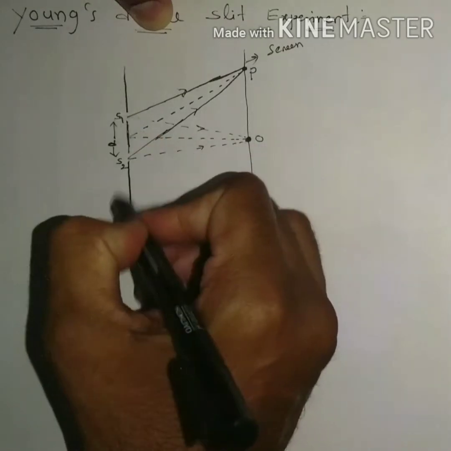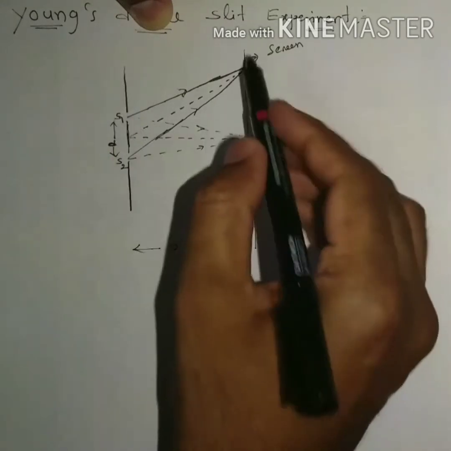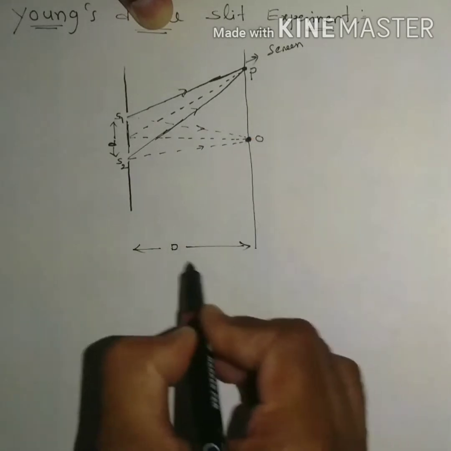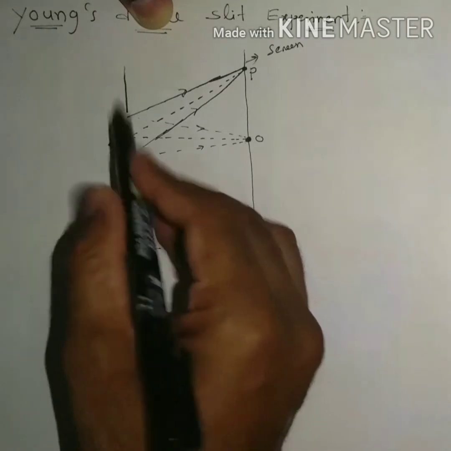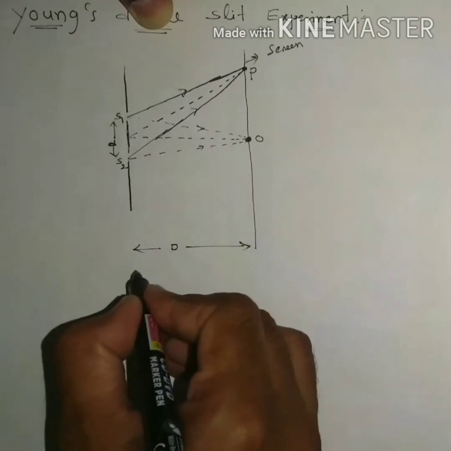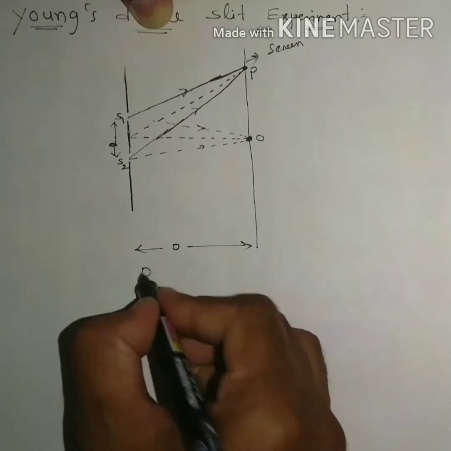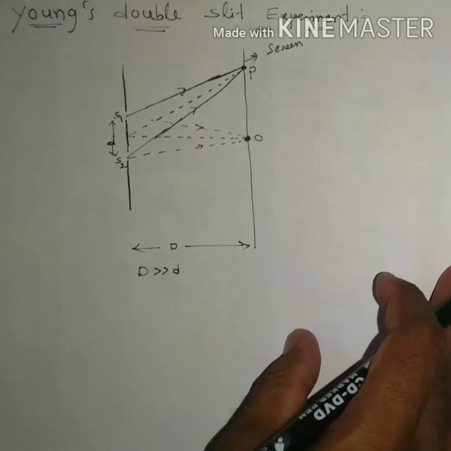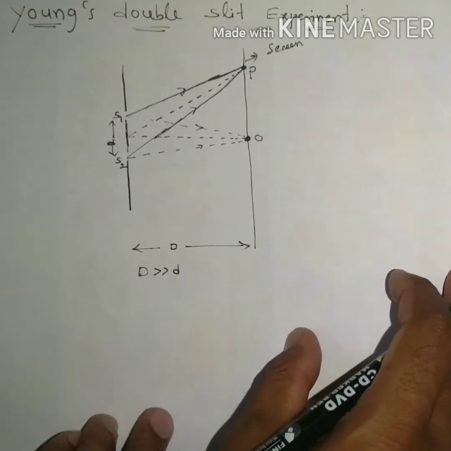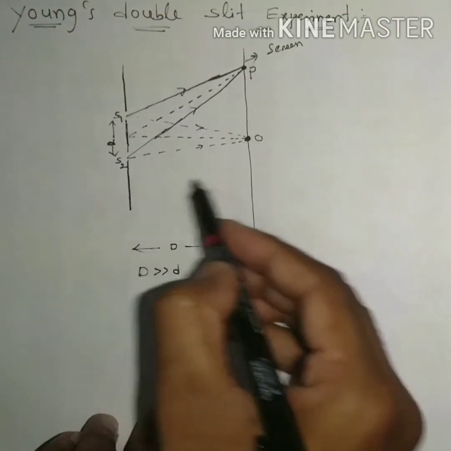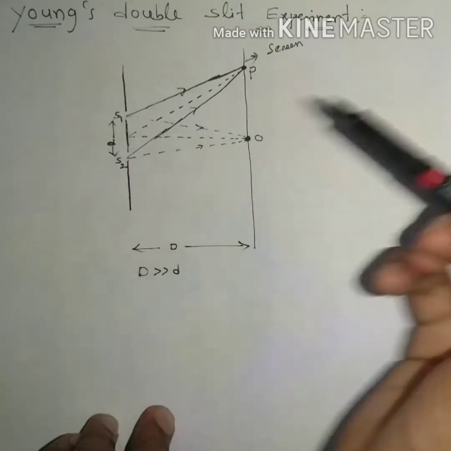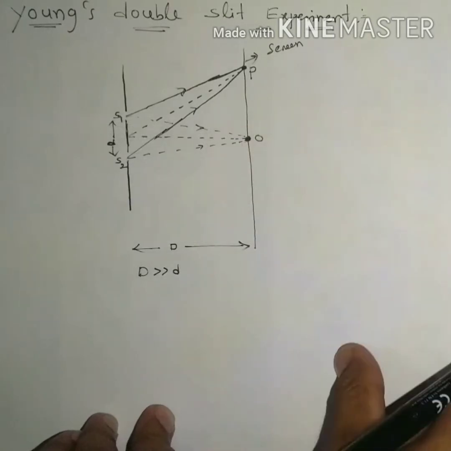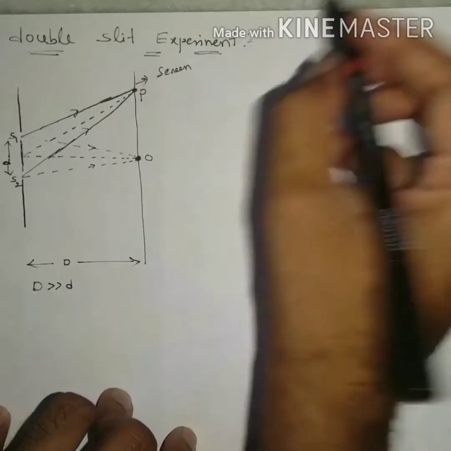This is the screen, and the distance from the slits to the screen is capital D. Clearly capital D is much greater than small d; compared to the distance between slits and screen, d is negligible. That is one important point.